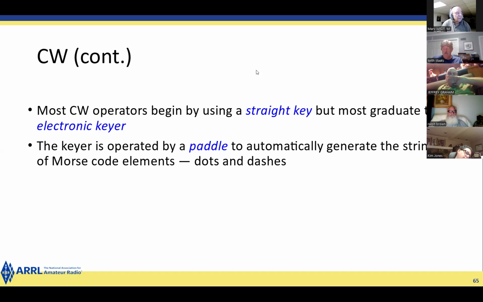Again, as I mentioned, we talked about using the panels. It automatically generates the code.